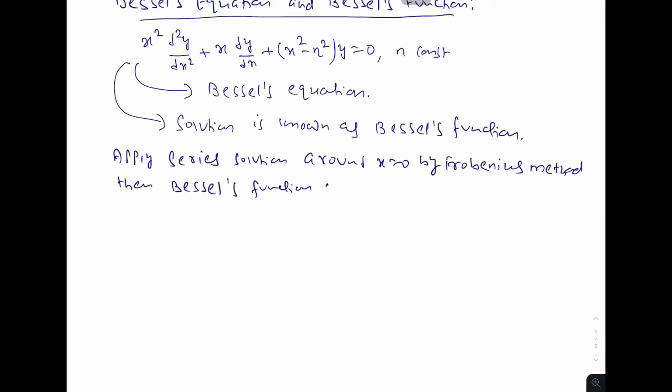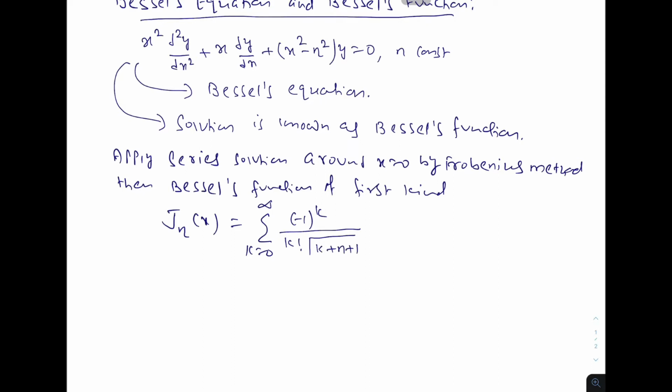And we call it the first kind, in fact, and we denote it as Jn(x), and that formula is series k equal to 0 to infinity, minus 1 power k over k factorial gamma k plus n plus 1, x by 2 power 2k plus n.